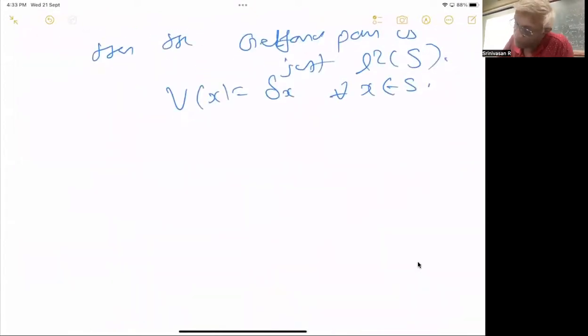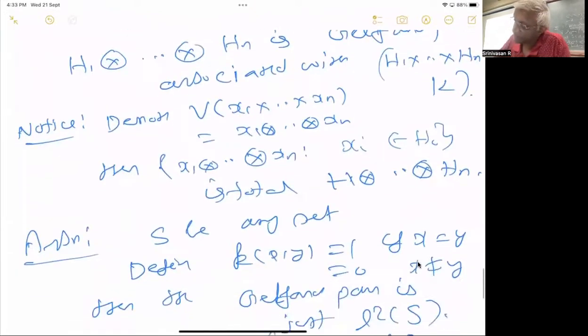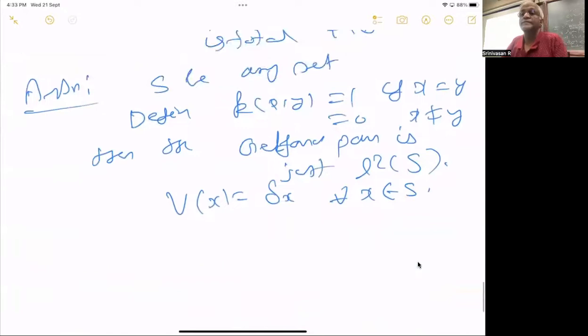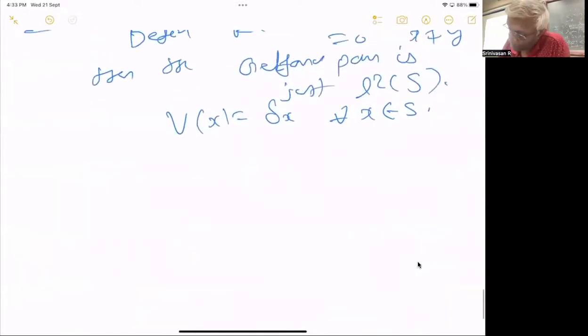So we want to have some more properties. First, we noted that. What is the second one? Maybe I'll write it as a proposition. The span of the x1 tensor up to xn is dense there.